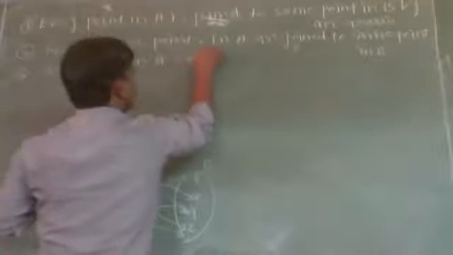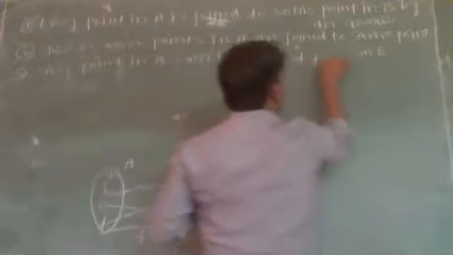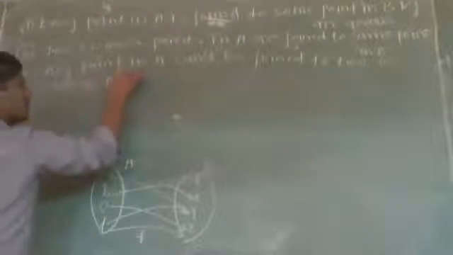Third one, any point in set A cannot be joined to two or more points in B. Now we have to check this one.